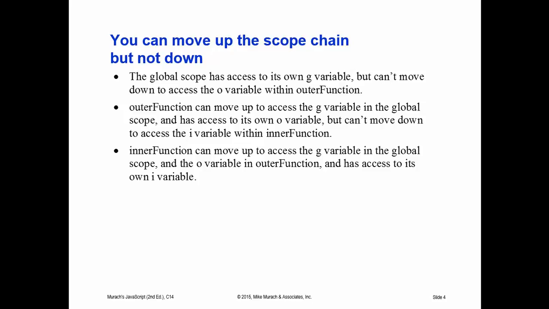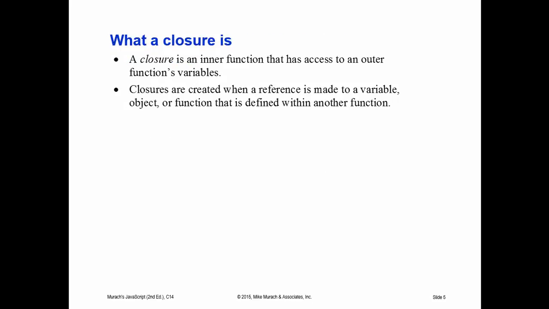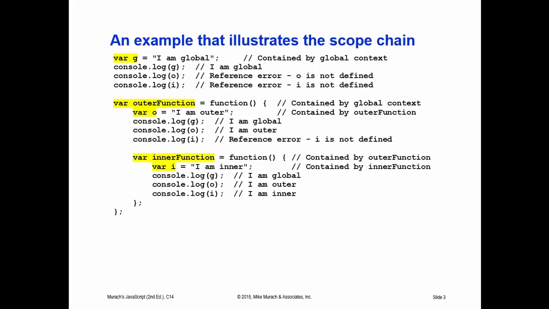Starting on page 432 in the text, the author begins a discussion of what closures are. As shown on 433 also, a closure is an inner function that has access to an outer function's variables. So in many ways, it's kind of like this: an inner function which has access to the outer function's variables.